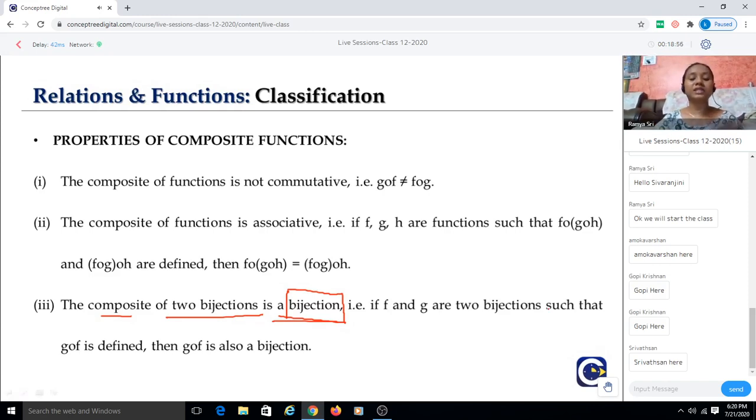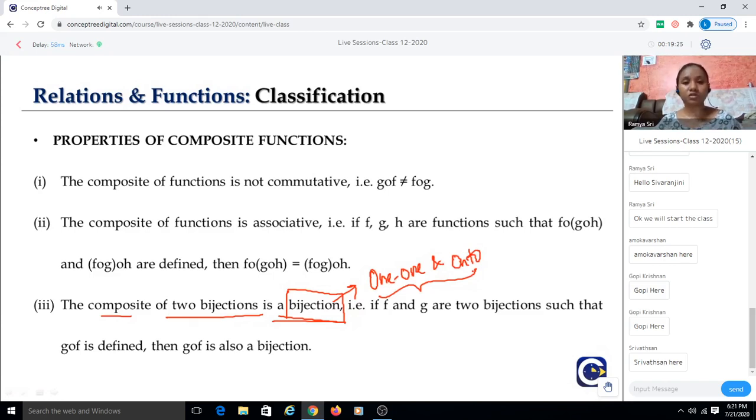First, as the word came here, we'll just have a discussion on this bijection. What is actually a bijection? A bijection is nothing but a function which is one-one and onto. A function which satisfies both of the conditions of one-one function and onto function is called a bijection, right?